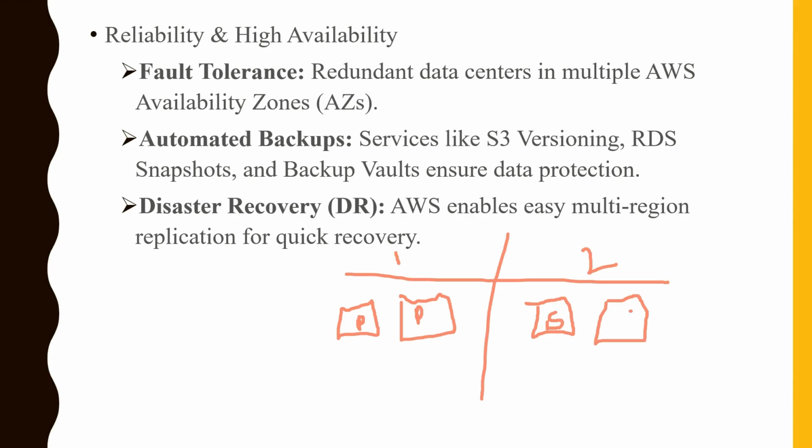Whenever there is load, we will build a load balancer on top of this, and the load balancer will route traffic to these primary servers. Whenever any disruption or catastrophe happens in the primary region, let's say this entire region went down, our load balancer will route the traffic to the available region, which is the secondary region.